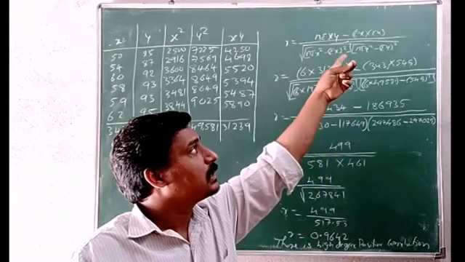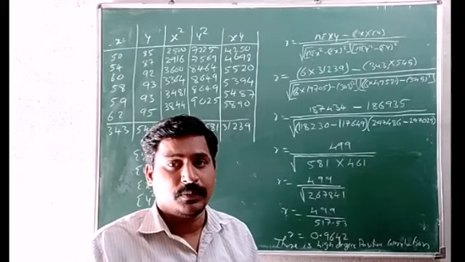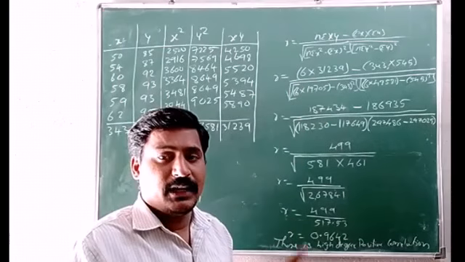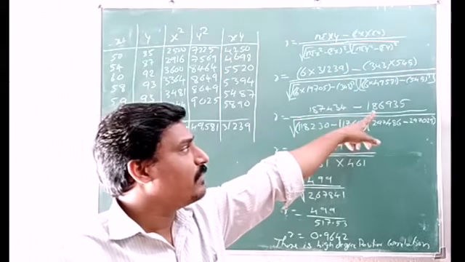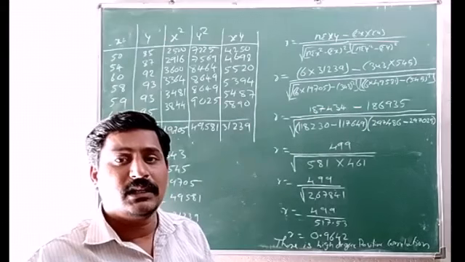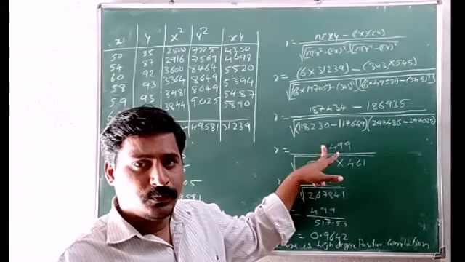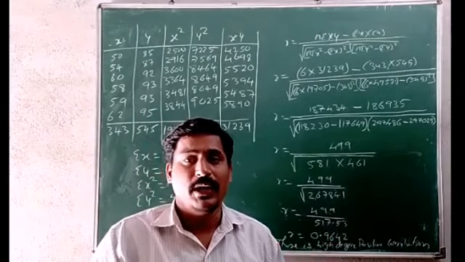Sometime summation x into summation y will be greater than n summation xy. So if n summation xy is greater, we get a positive correlation. If summation x into summation y is greater than n summation xy, then we get a negative correlation. So the difference here, we get negative. So then we write negative correlation between the variables.